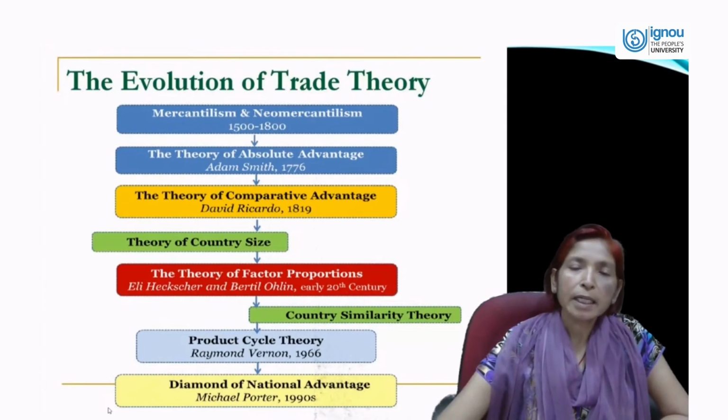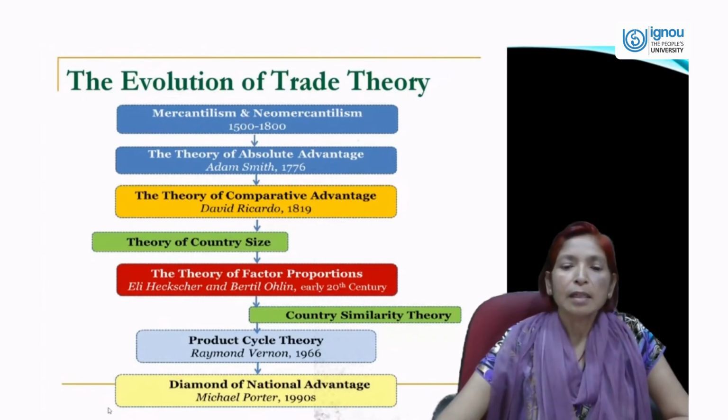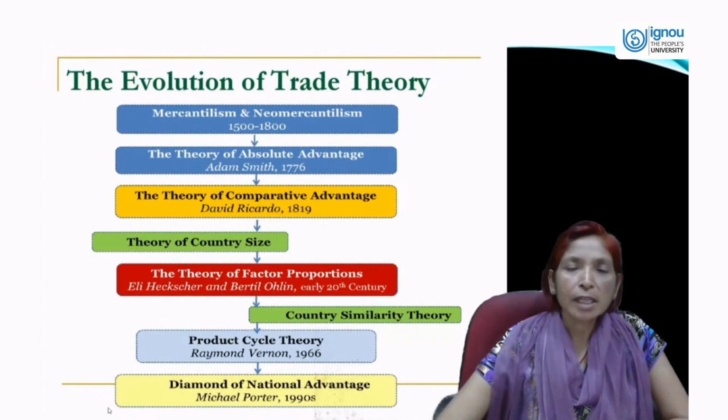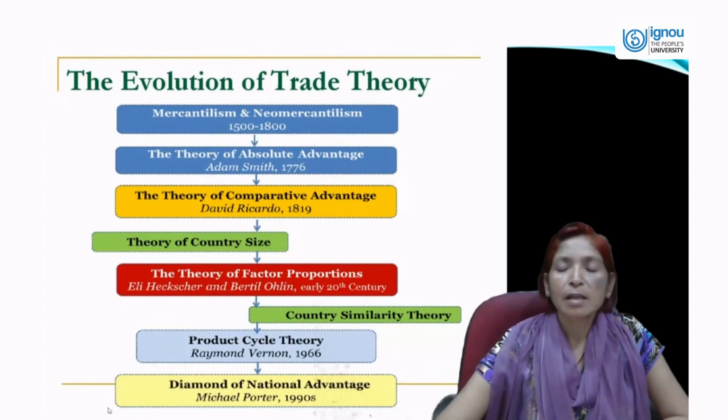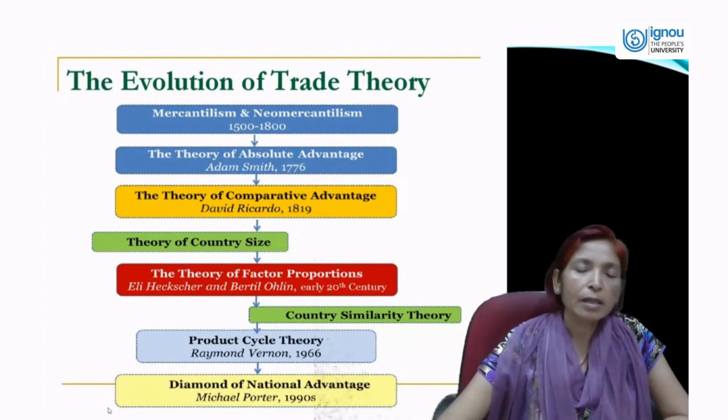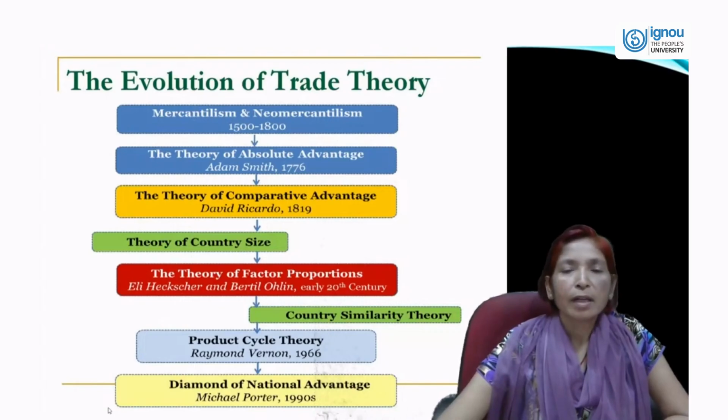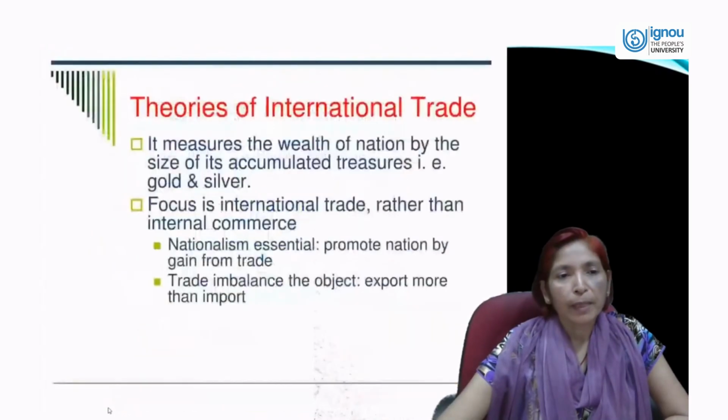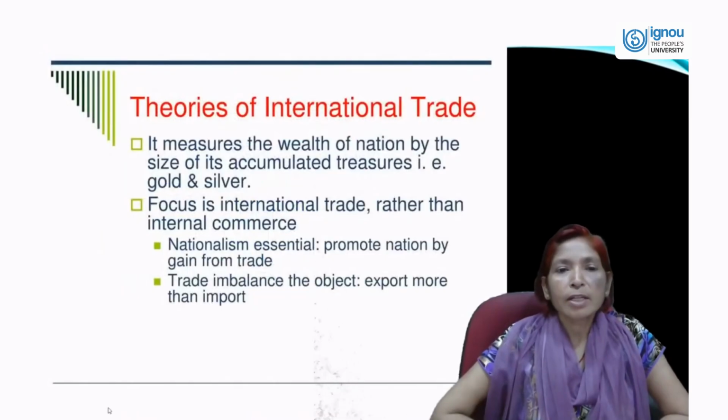So the theories of the early 18th or 19th century are called classical theory, and those of the 20th or 21st century are known as modern theory of international trade. This is the evolution of trade theories. Now, next is theories of international trade.